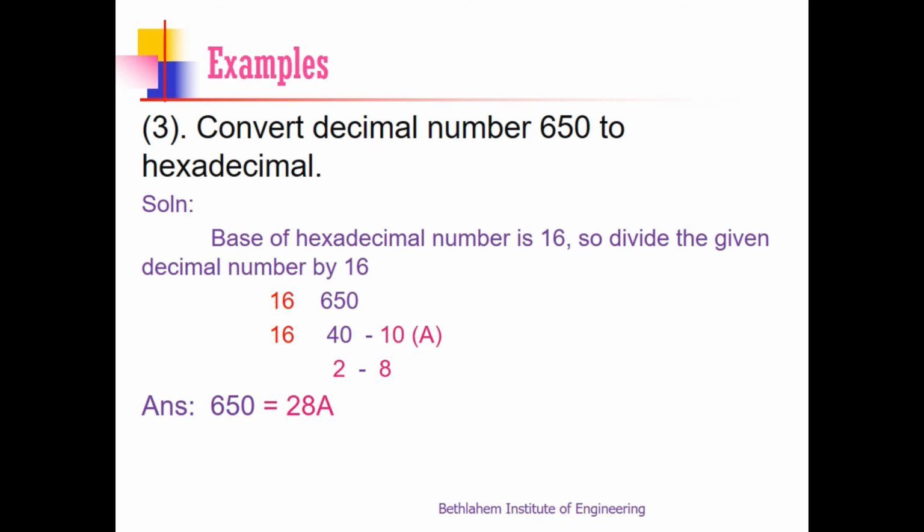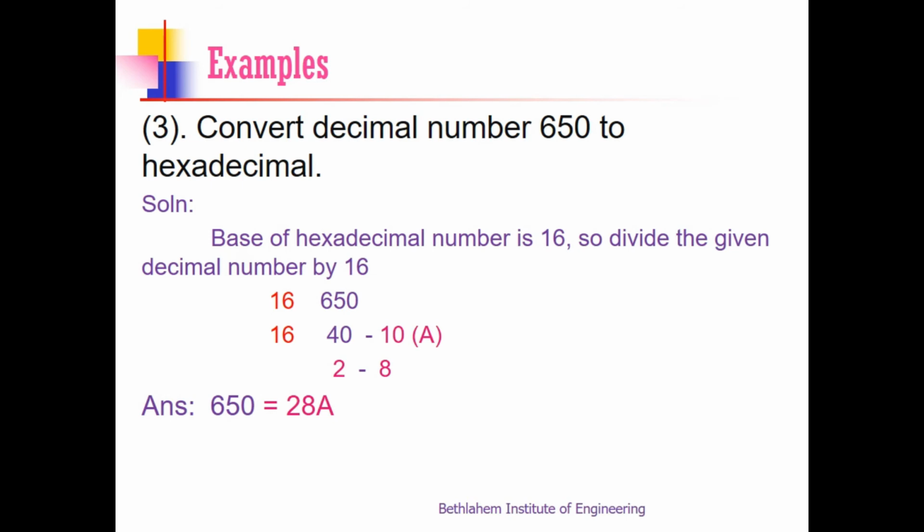Then for the dividing, so while dividing 650 by 16, you will get the quotient as 40 and remainder as 10. And dividing 40 by 16, you will get the quotient as 2 and the remainder as 8. And in hexadecimal number, you have to keep one thing in mind. If a number is a 2-digit number like this, you have to write the corresponding hexadecimal number.